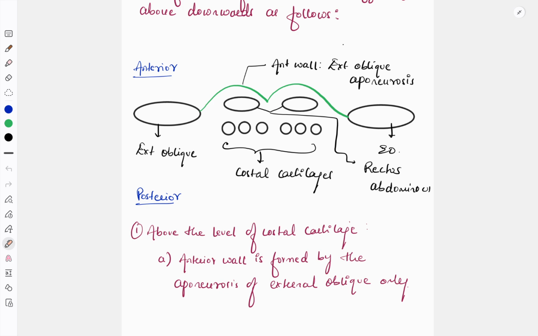If we take a transverse cross section that much above, the only muscle you will see is your external oblique. So in the anterior wall we have the external oblique aponeurosis, and posteriorly you have nothing, or you can say we just have the costal cartilages.